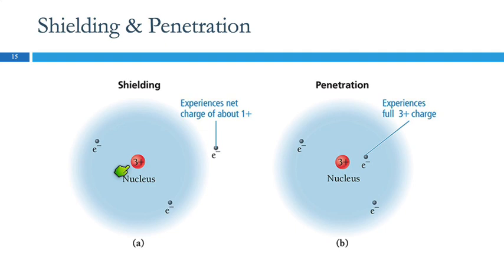So here we have a lithium atom, 3 positive charges in the nucleus, and we've got 3 electrons. So these 2 electrons are in the first energy level. They're in that 1s orbital, which is spherical, right? And so they're bopping around. They're mostly going to stay in this volume. This electron is in the next energy level, so it's a little bit further away.